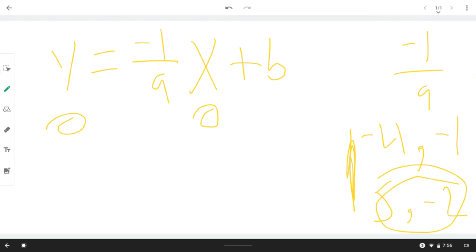Since this here is x, we are going to want to take that and plug it in for x. So we're going to want to say y equals -1 over 9 times 5, okay, so that's x, so that's 5 right there, plus b. And what I forgot to tell you though is instead of putting y here, we're going to want to plug in this value for y, which is -2, and say -2 equals that.